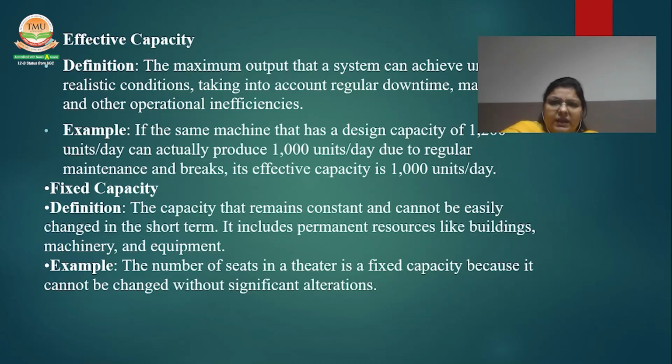You can easily calculate it by the seats, because your profit is earned only from the seats, for whichever movie you show in your theater. So the seat is the capacity of your production or service industry.